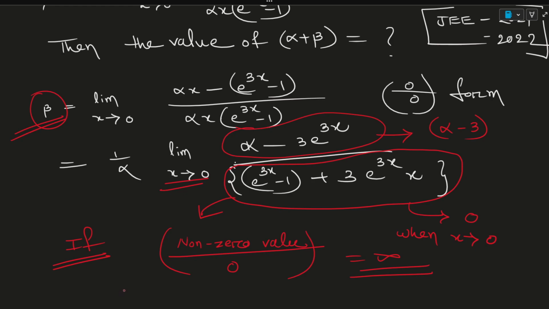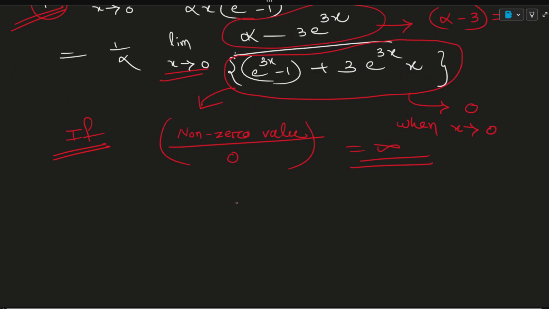Hence, we can conclude that as the denominator is 0, to solve this question further, the numerator has to be equal to 0. So alpha minus 3 has to be equal to 0, which implies alpha is equal to 3.